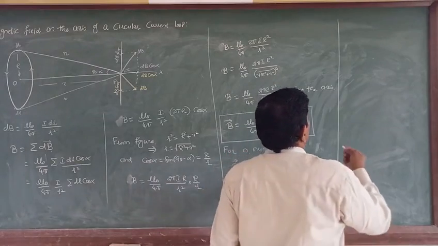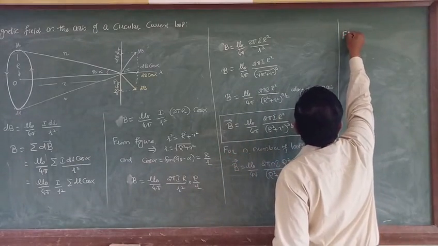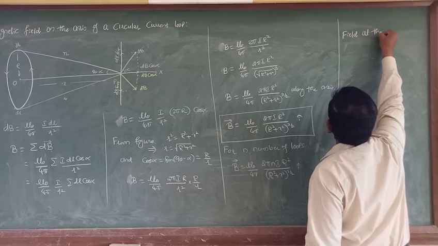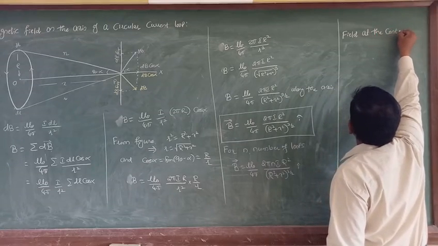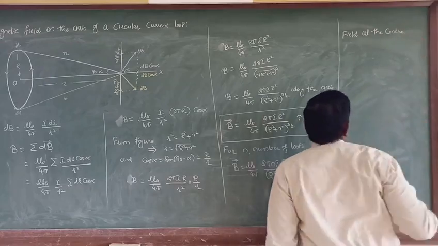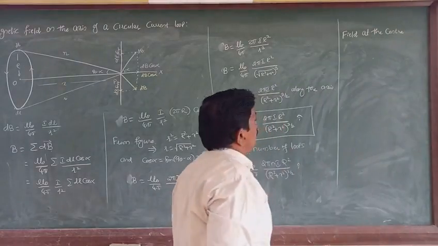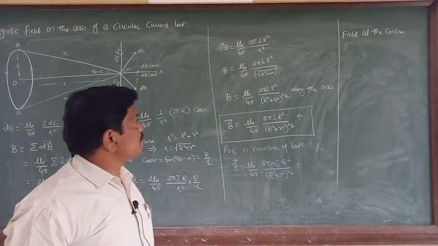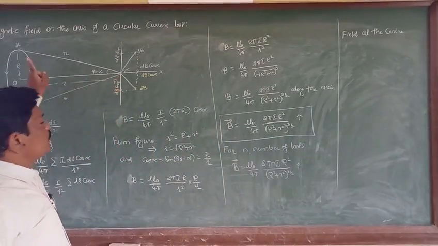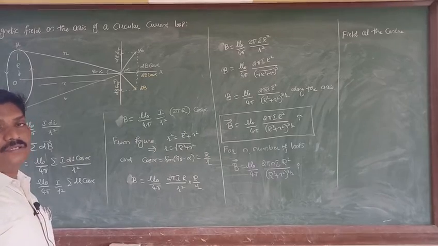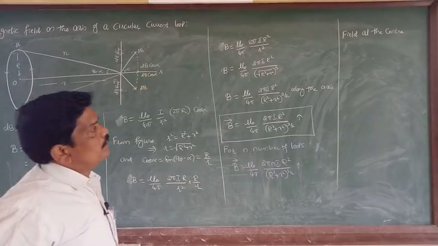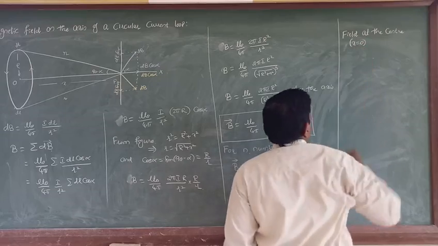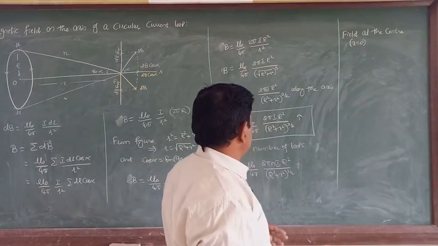Here we can write the field at the center, that is the field at O. If you want the field at the center, the point P is at O, so simply take x equal to 0.